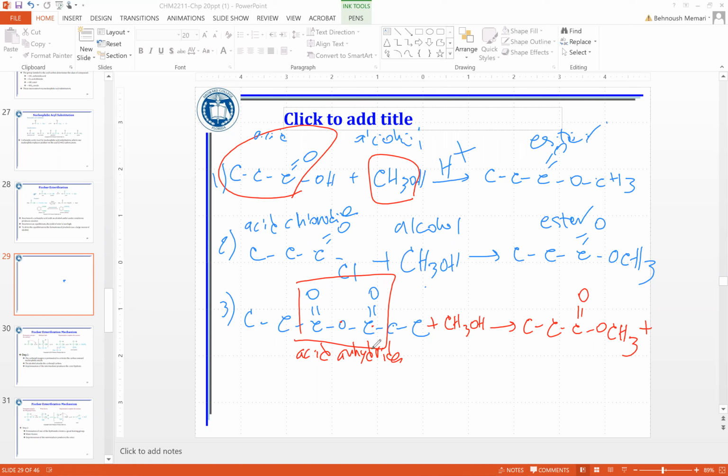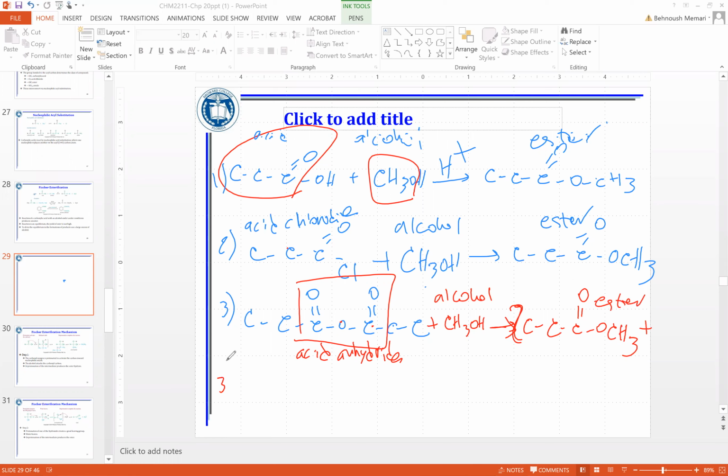And the other side, because it's identical, is going to give the same. So we get 2 molecules of ester. In this case, you also use alcohol plus acid anhydride. You see the alcohol stays the same. So carboxylic acid or any acid derivative plus alcohol gives you ester.